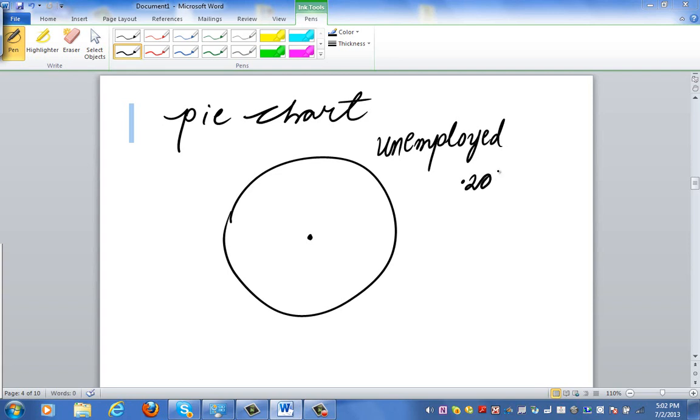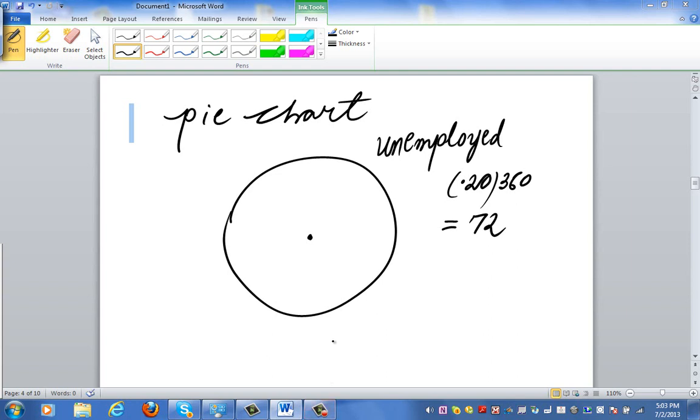And so how big of a slice do we allocate for this category? Well, it will be 20% of the whole pie. And one way to figure that out is that you multiply that by 360 degrees, which is equal to 72 degrees.